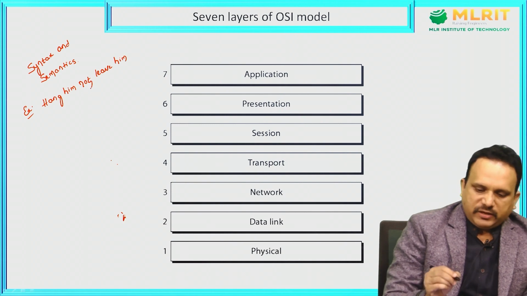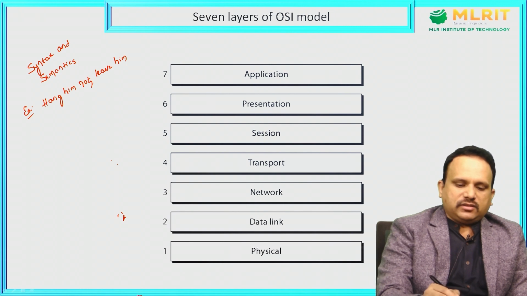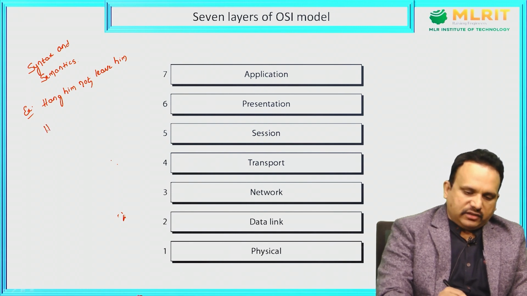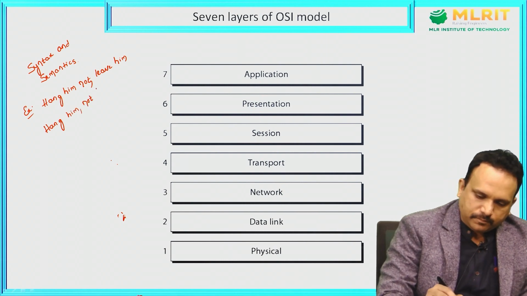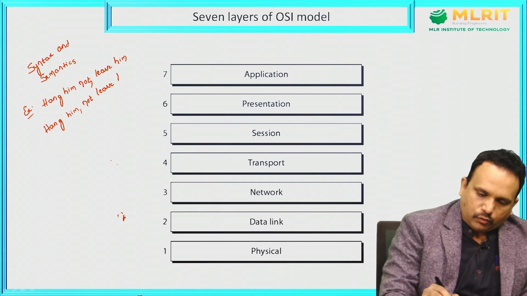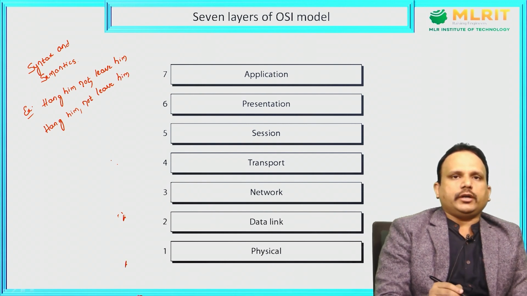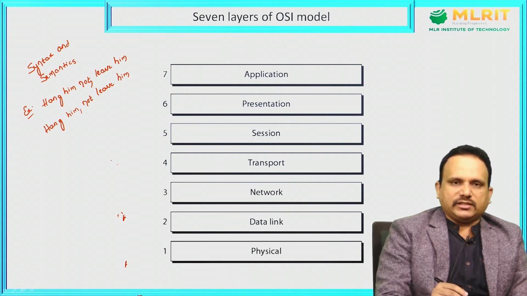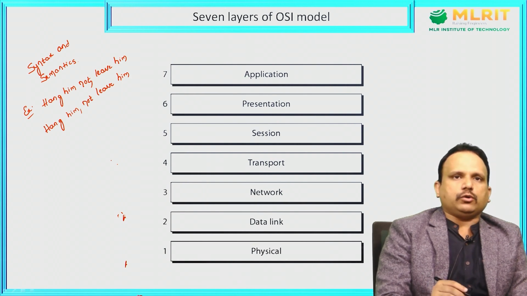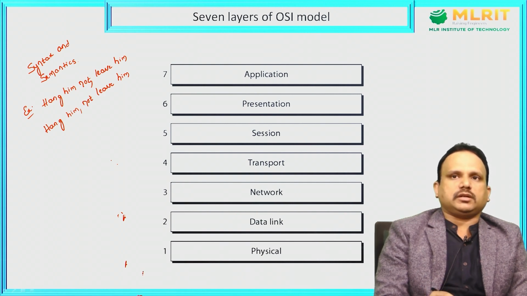I place the comma after "hang him": "hang him, not leave him." But if you move the comma and place it elsewhere, "hang him not, leave him," the entire meaning changes, and it could cost a person's life. That is how important the presentation layer is.